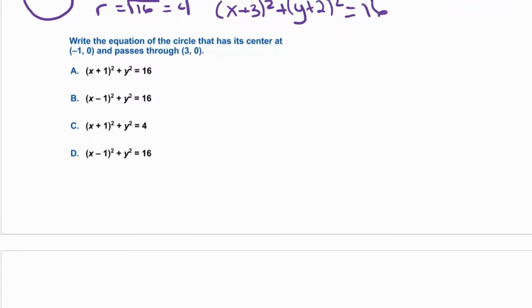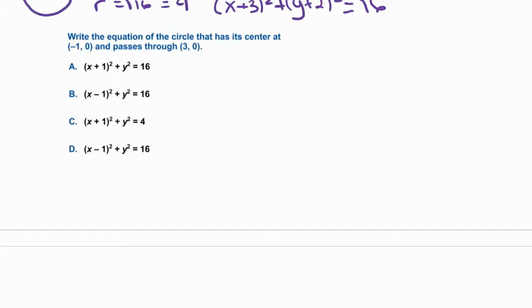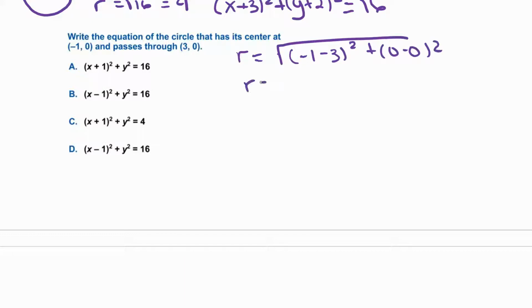Next problem asks us to write an equation of the circle that has its center at (-1, 0) and passes through (3, 0). So we need to find the distance between those two points to find the radius. (-1 - 3) squared plus (0 - 0) squared. So r would be the square root of (-4) squared. So r would equal the square root of 16, which equals 4.